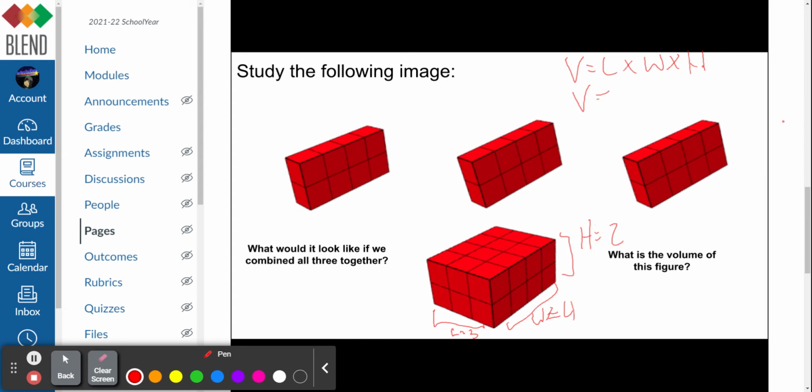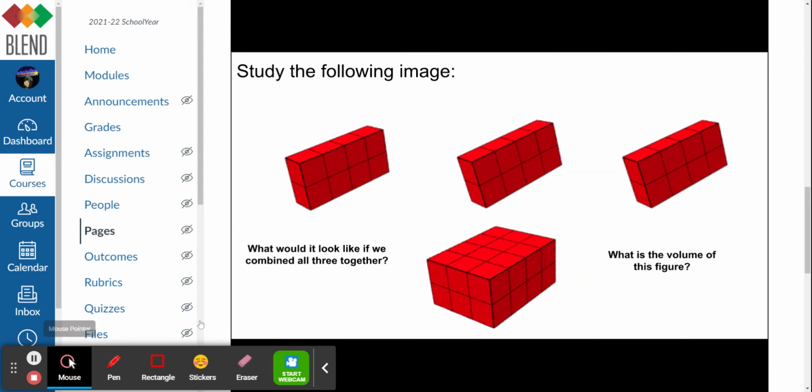All right, so I'm going to use my finger. Length was 3, width was 4, and height was 2. So my base is 12, like we discussed. There's 12 in one layer, and we're multiplying it by 2 layers. And that means that our volume is 24 cubic units.